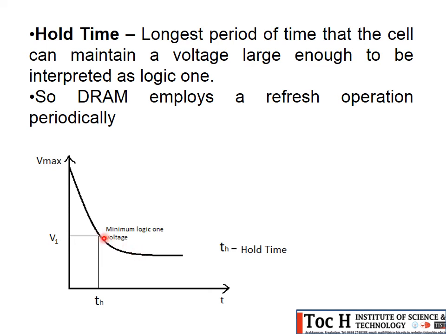If you refresh within this hold time, then that value will be retained. So DRAM has to employ a refresh operation periodically before the hold time of every cell.